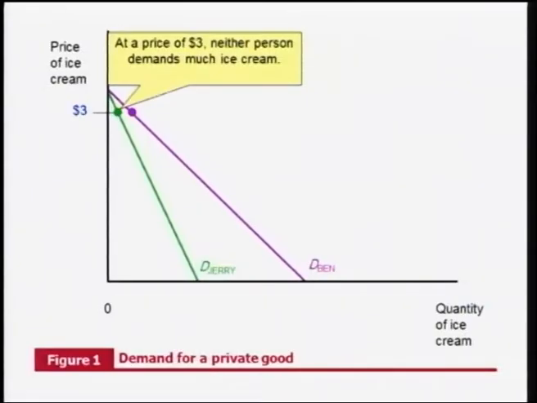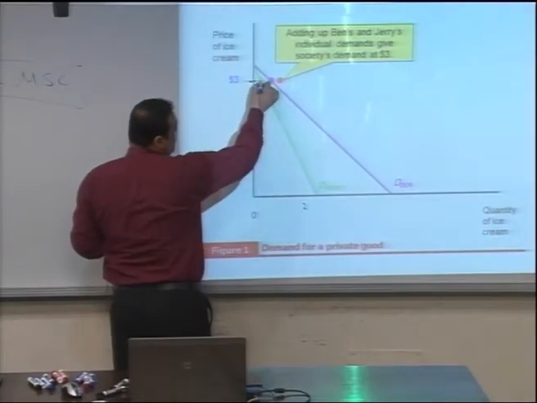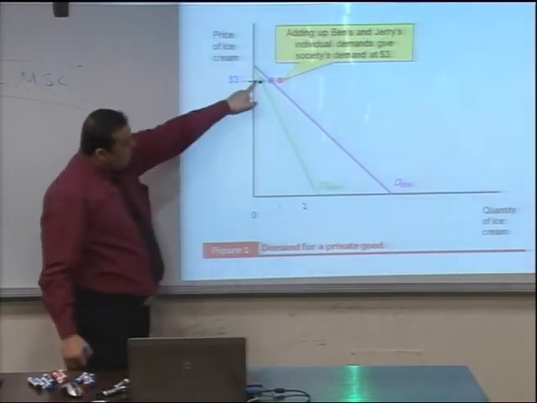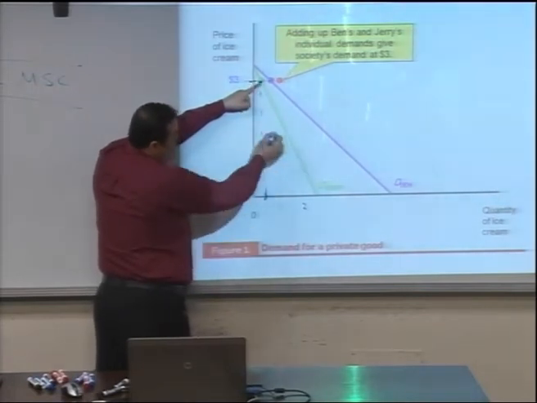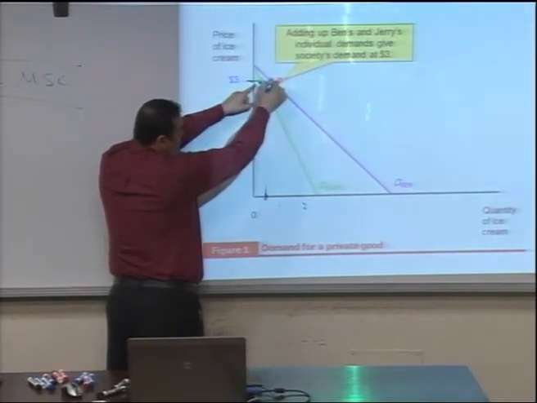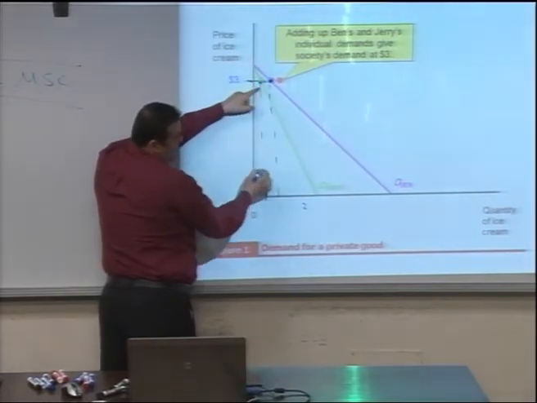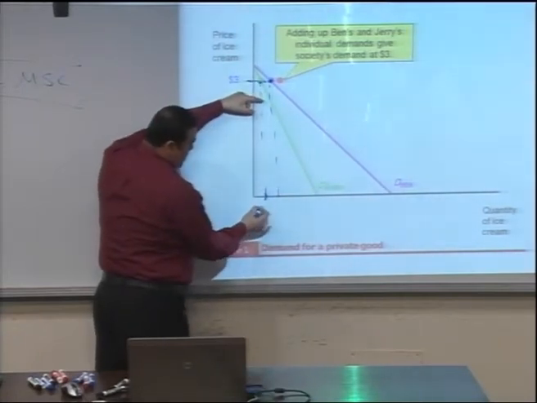Here, as you see, at price 3, this is for Jerry. He can buy at this quantity, and at the same price of 3, let us assume Ben can buy 2 units and Jerry can buy 1 unit.